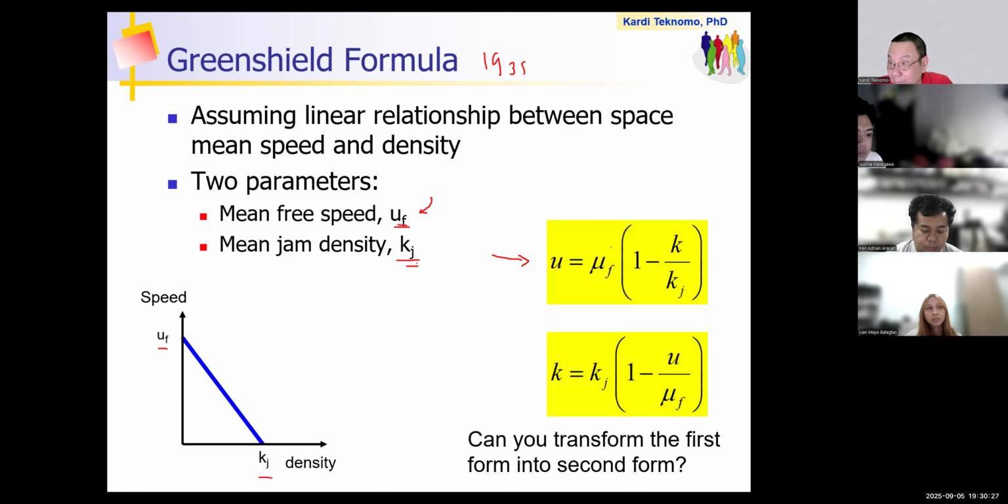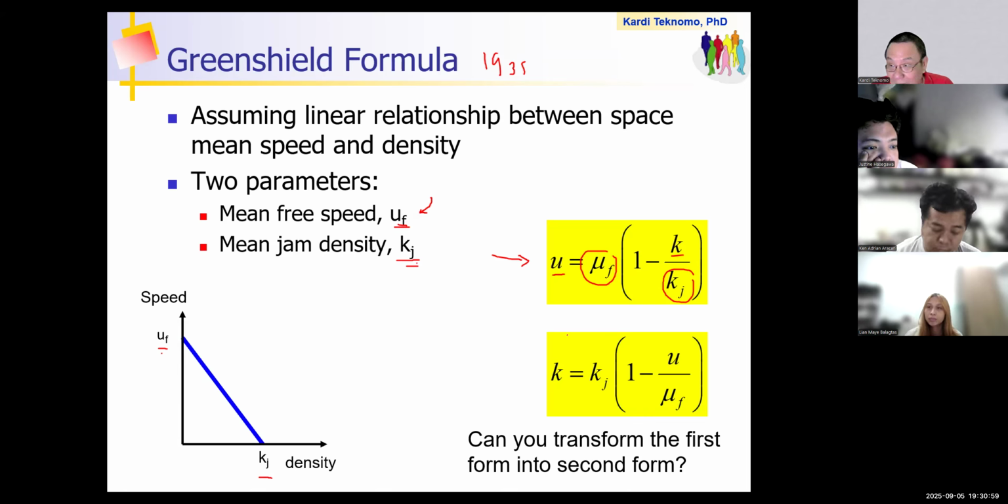So U is equal to UF times, minus, because this is a negative slope, right, K, the density, divided by Kj. Remember, Kj and UF are numbers, while K and U are the variables.